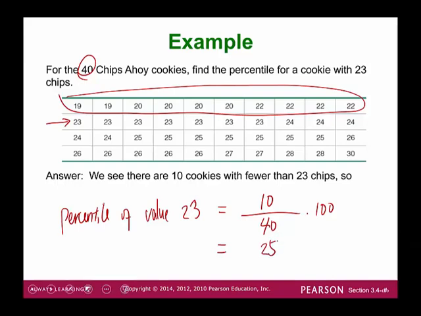This means the cookie with 23 chips is ranked 25th percentile in the data set. So the cookie with 23 chips is percentile 25. That's how you capture the percentile of any data value in the data set.